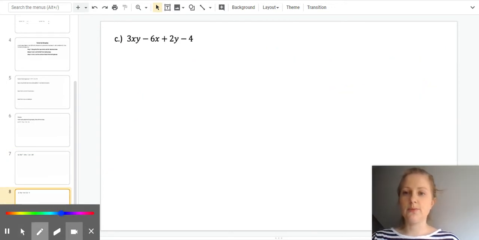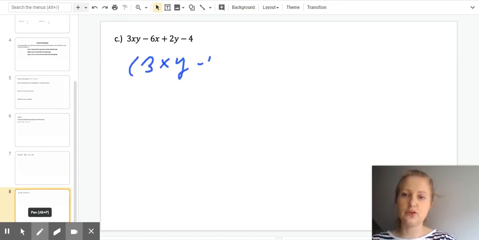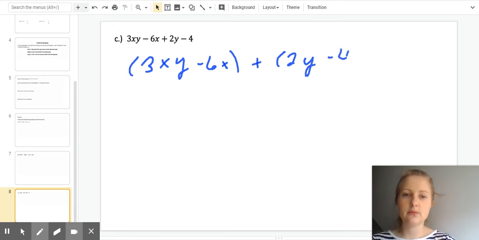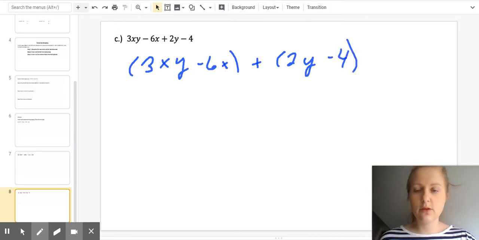Okay, last example. So we're going to do that same exact thing. Start by grouping together the first two and the last two. And then factoring out a GCF.